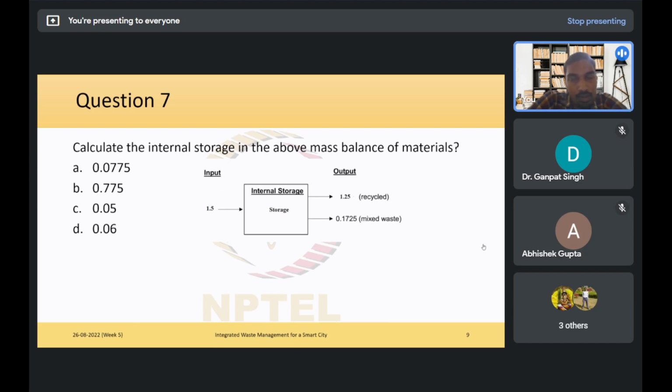We need to balance it and then find out what is the amount of internal storage. Anyone? Any answers?